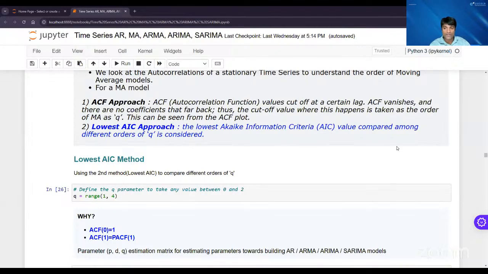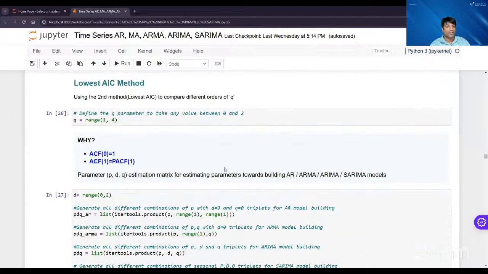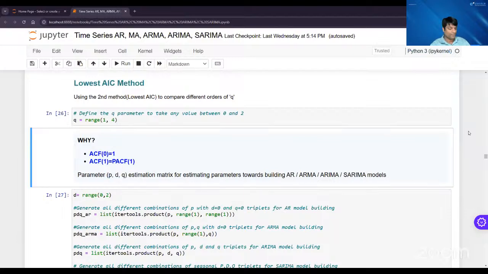Okay. So here we have given the range of the Q value. Now, as we already have seen what P, D, and Q are, when it comes to the model which we have done in the AR model and what we can give in the moving average model, now what we are trying to do is combine both the models, right?